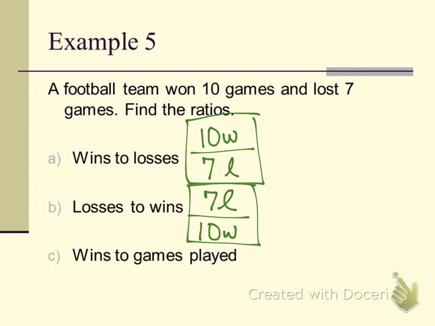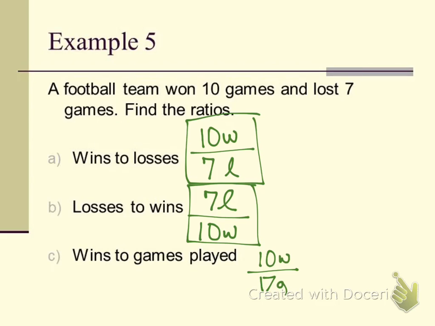Now, C is where it's just a little bit trickier. I want wins first, so which number is wins? 10. Then I want the number of games played. How many games did they play? 17.